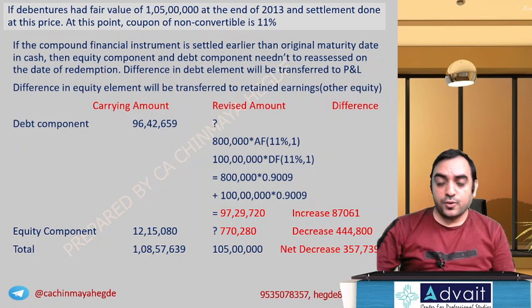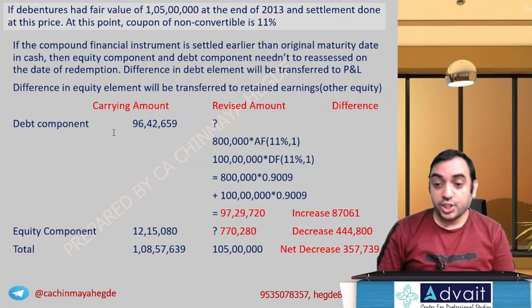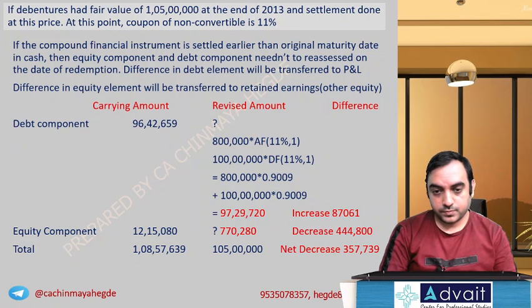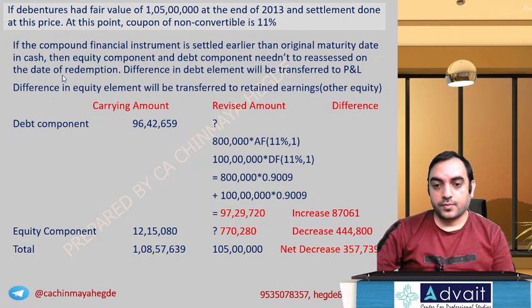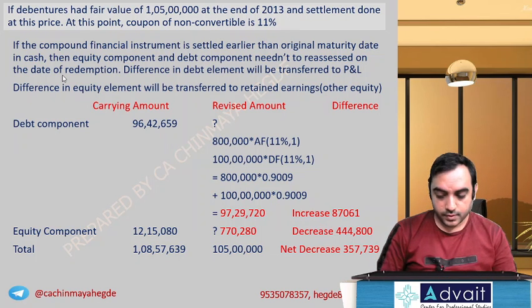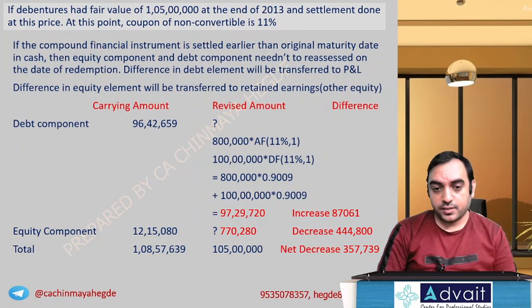Okay, let's pass journal entries now. Journal entries for premature redemption. So first let me simply write To Bank. Amount you are paying, that is 1 crore 5 lakh, 105 lakh.